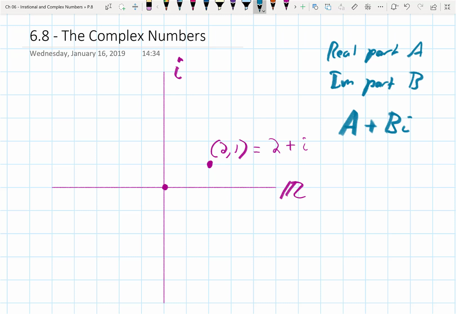This number 2 plus i can be thought of as the ordered pair 2, 1, or it can be thought of as the complex number 2 plus i.